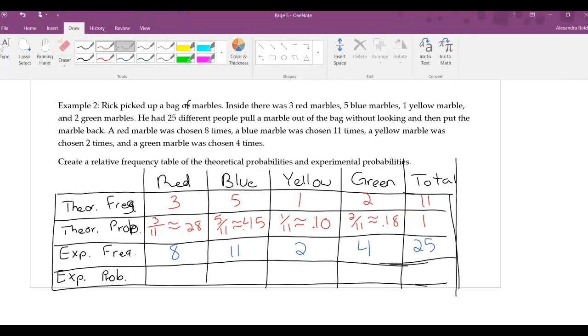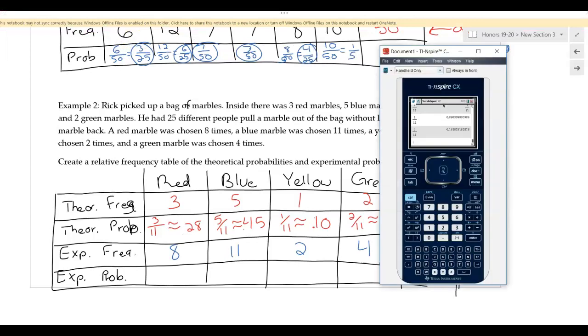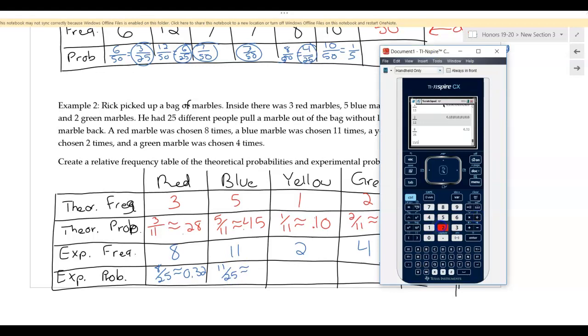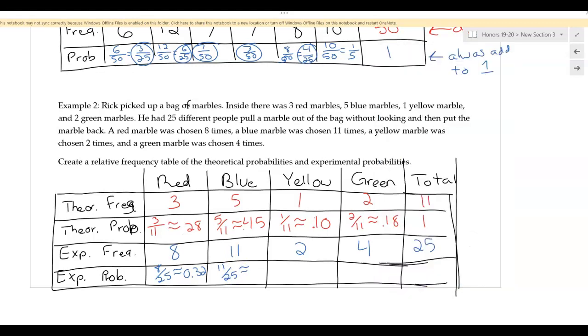Same thing for our experimental. We have 8 out of 25, which is 0.32. So those are pretty close. 11 out of 25, which is 0.44.